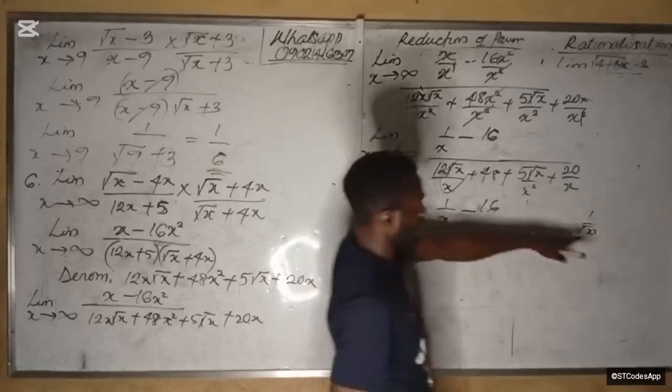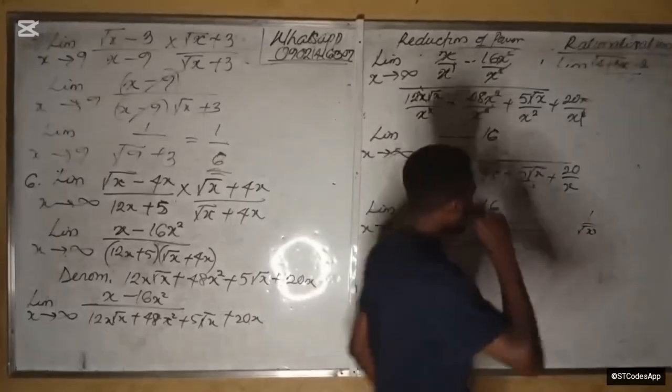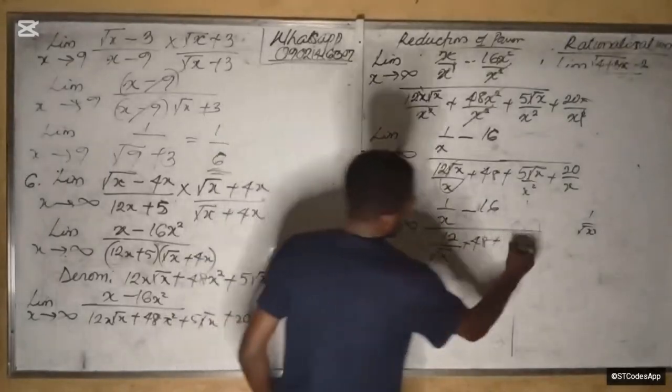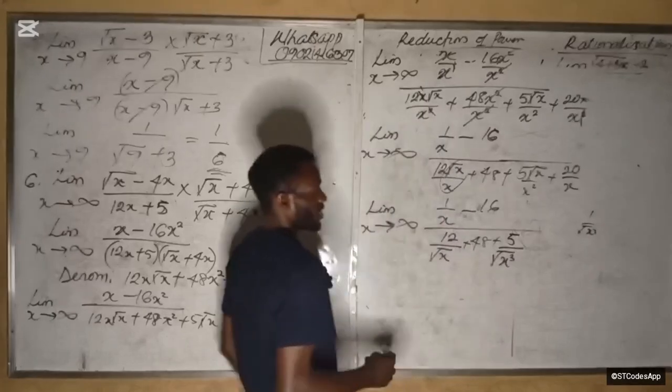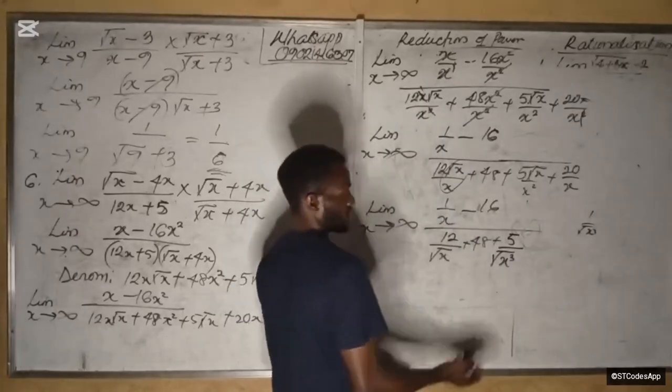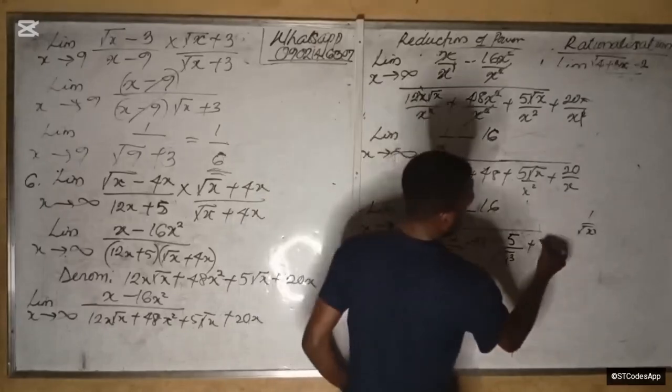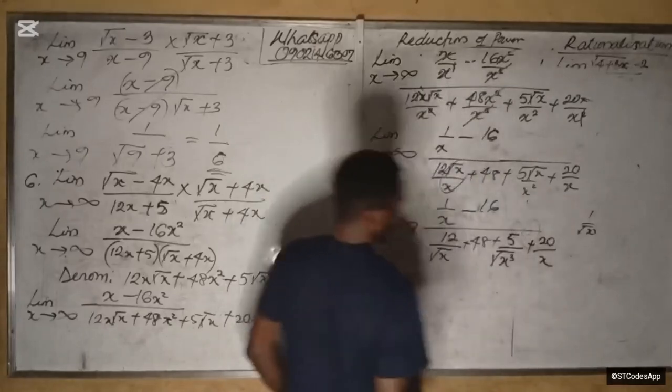So you know that this is correct, right? Yes. So 5 over root x raised to power 3, and it's the same either way. So then plus 20 over x.